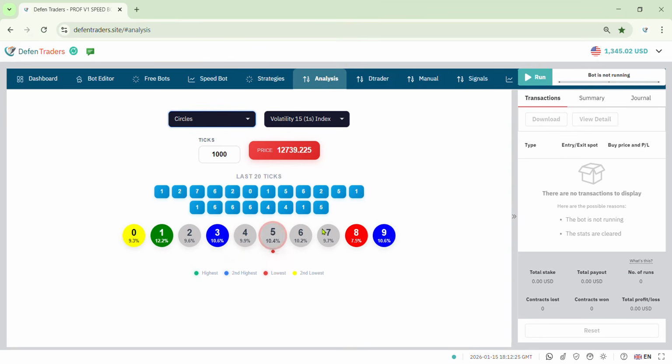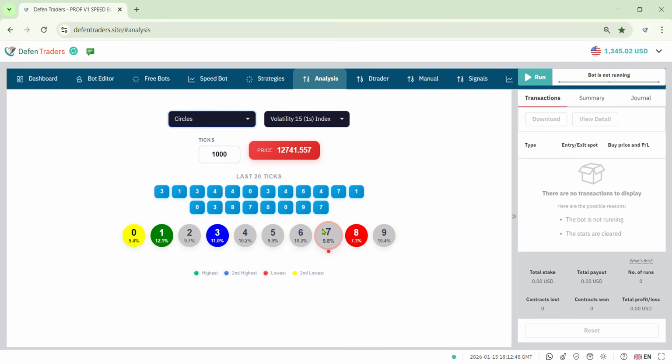So that's why at any given time when we are giving the strategy on the matches, we will say that because digit 1 is the most appearing, it still has the highest chances of appearing.